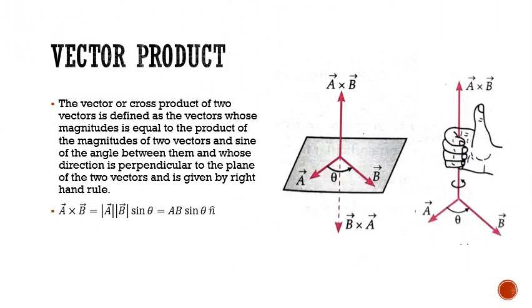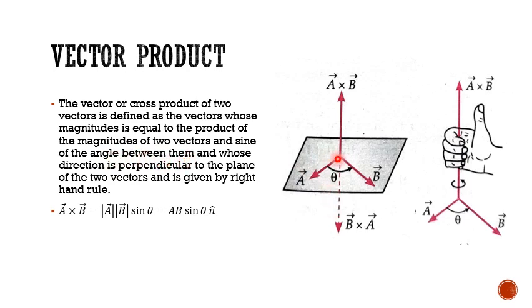Vector product. The vector product or cross product of two vectors is defined as the vector whose magnitude is equal to the product of the magnitudes of the two vectors and the sine of the angle between them. Fine.